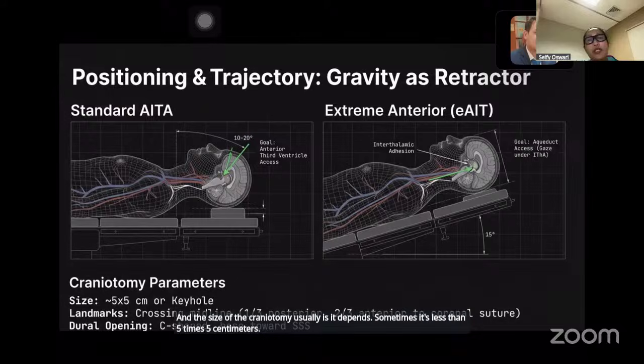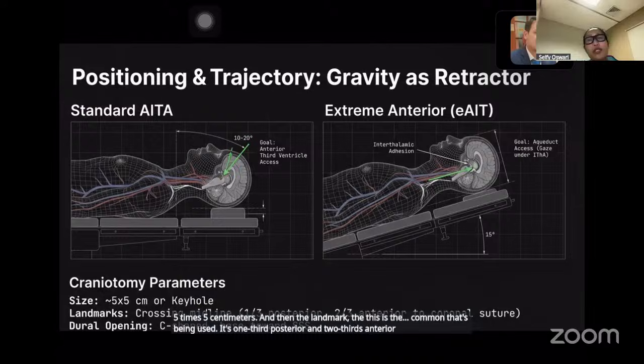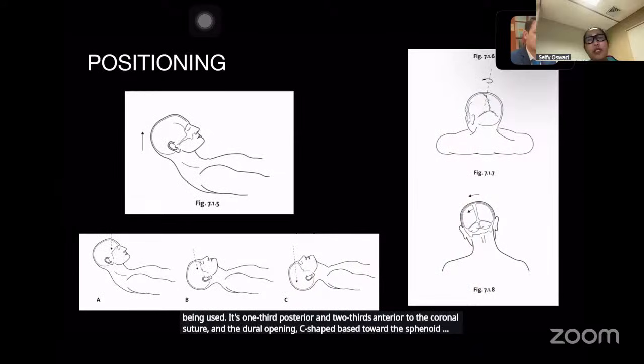And then the landmark, this is the common one being used. It's 1/3 posterior and 2/3 anterior to the coronal suture, and the dural opening is C-shaped, based toward the sagittal sinus. Sorry.